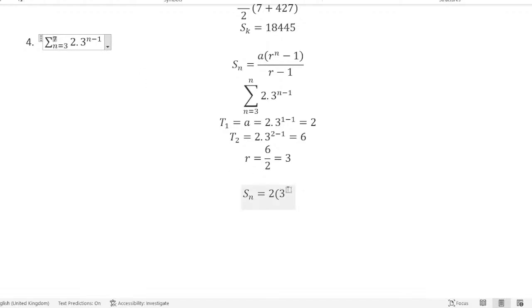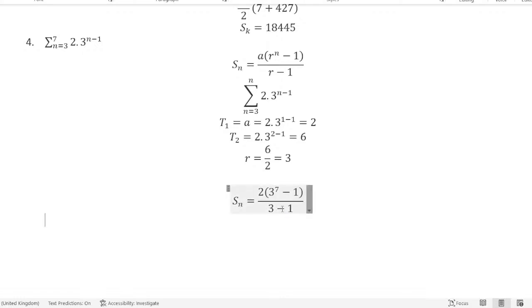So we put 7, the one at the top, minus 1, over r minus 1, so 3 minus 1.